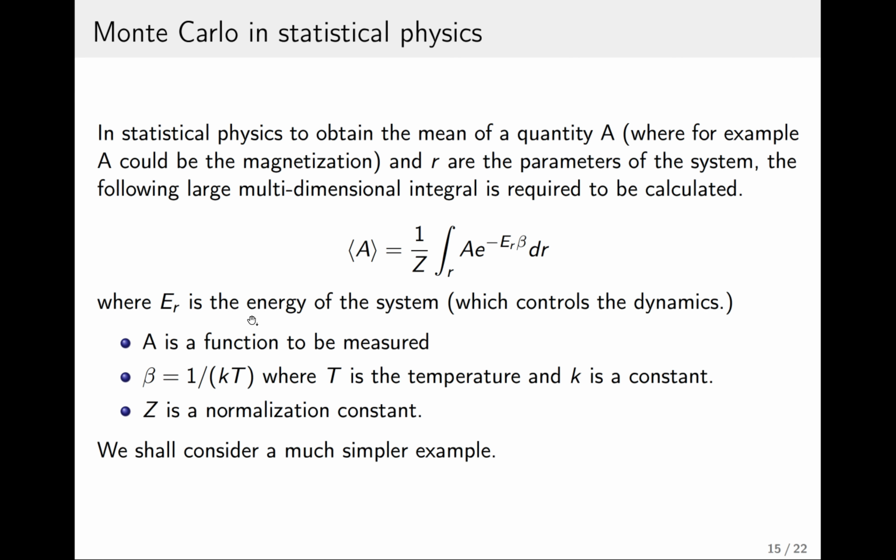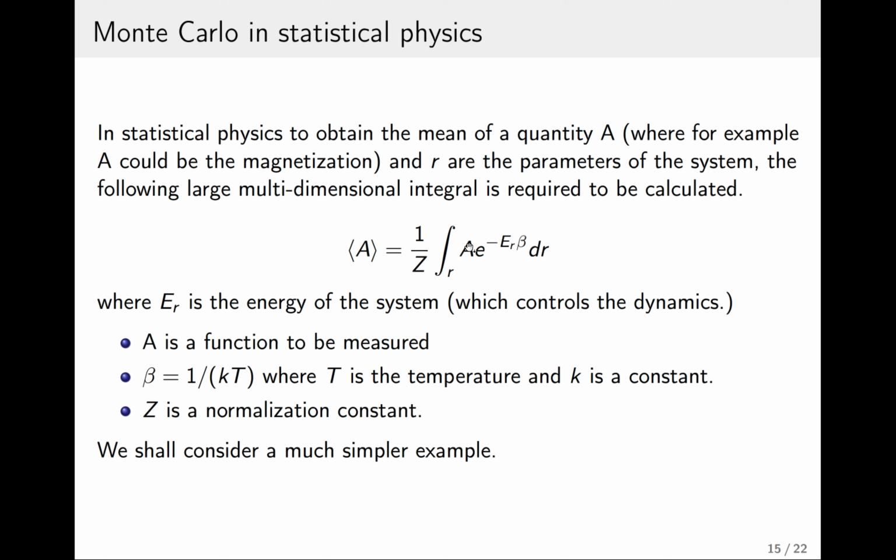Okay, and just because I'm a physicist, in statistical physics, the way we understand some physical systems is this: say you want to know the magnetization of a magnet, there's a procedure for computing that where you integrate over all the degrees of freedom with this weight function, which involves the energy E, and beta is 1 over the temperature.